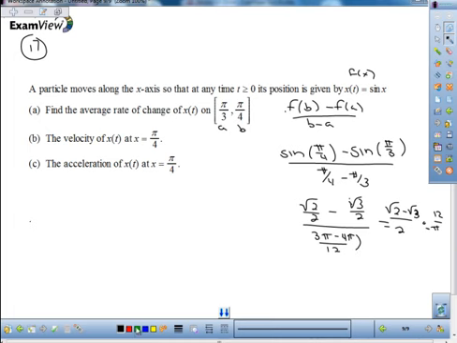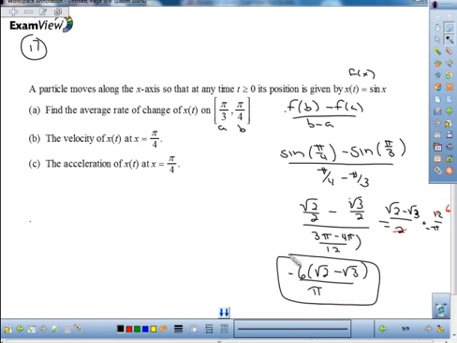So notice how my 2 and 12 will cancel. So I'm left with 6 square root of 2 minus square root of 3 all over pi. So that would be my average rate of change.